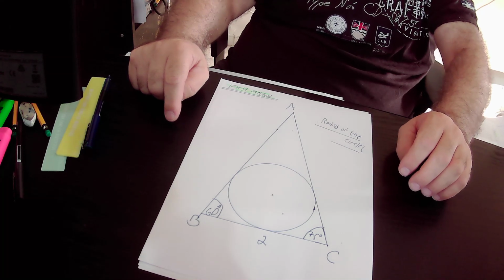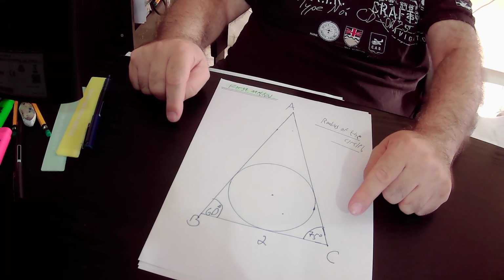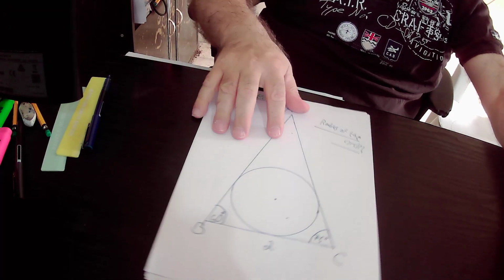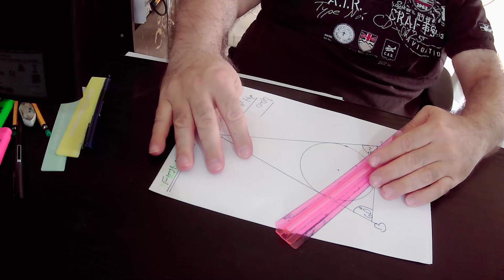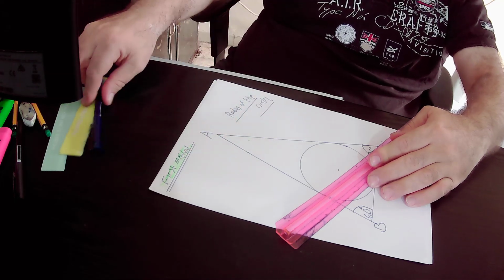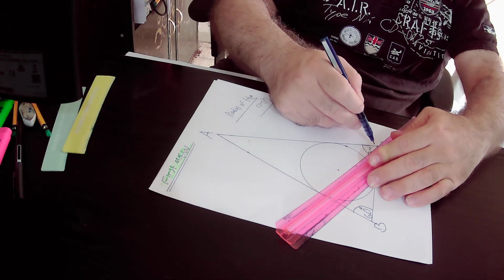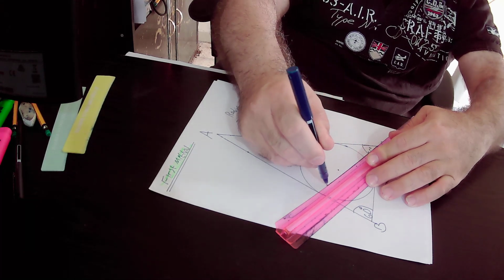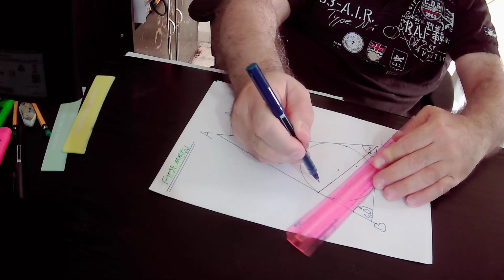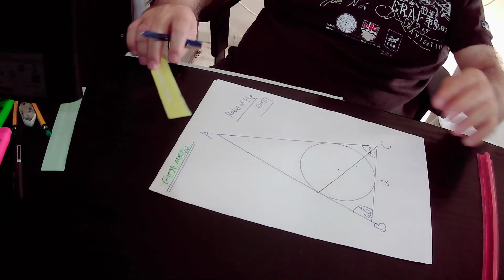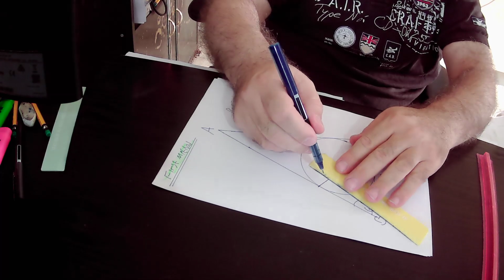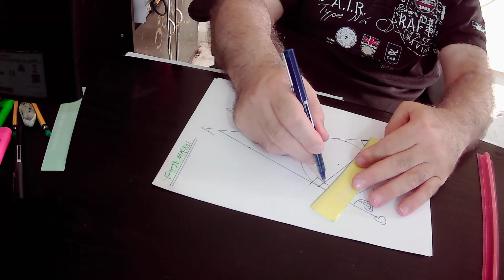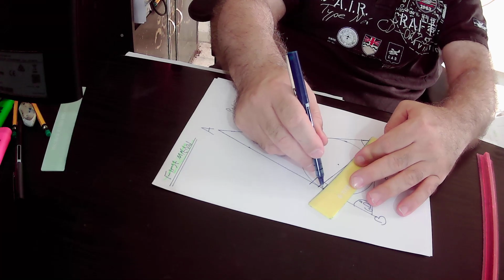Here we do a construction from point C. We draw a perpendicular on AB. So this angle equals 90 degrees, and this angle also equals 90 degrees according to our construction.